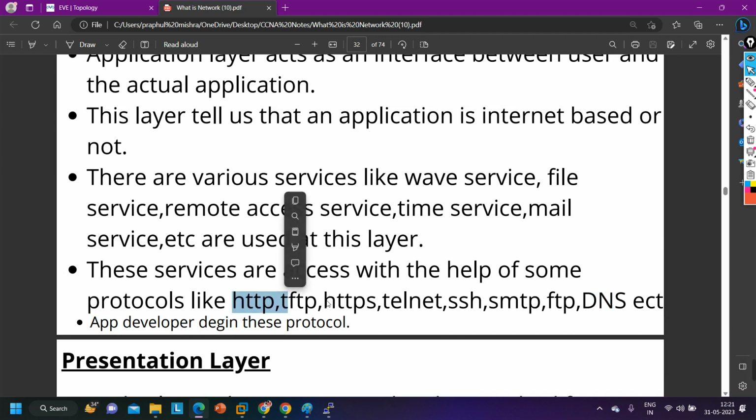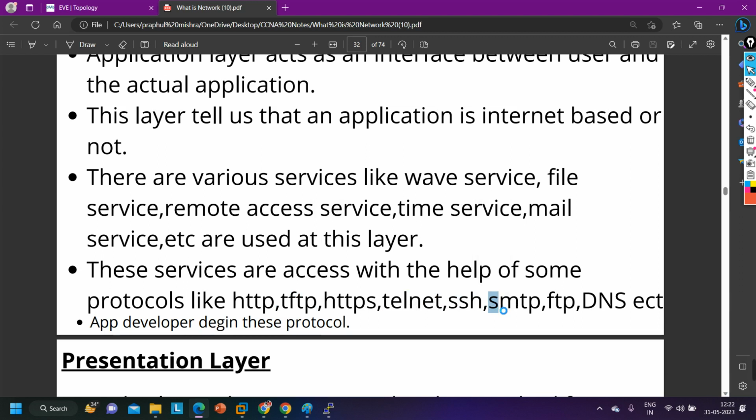See, HTTP and HTTPS, these two protocols are used to access web pages from the web server. TFTP is used for file transfer. Telnet is used to take access of a networking device remotely. SSH is also used for the same purpose, but SSH is secure and Telnet is not secure.